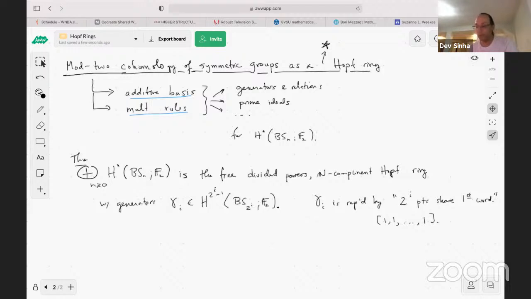So what Hopf means: you've got two products and a coproduct. What I'm going to do is define R_n to be just the nth component of this ring. So H_i is going to be R_(n i) if we want.